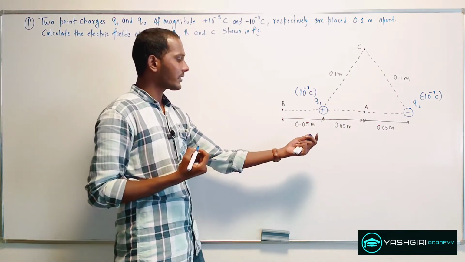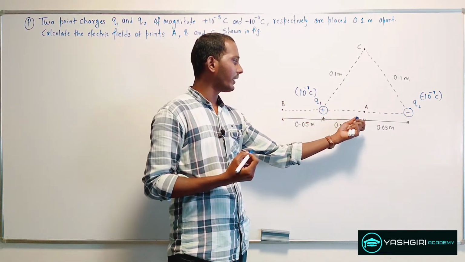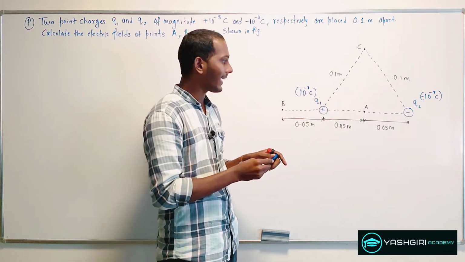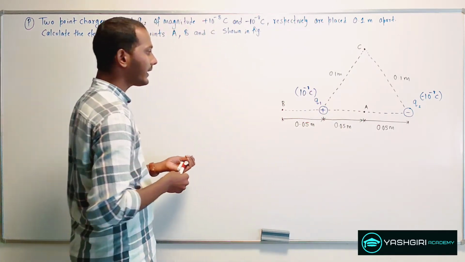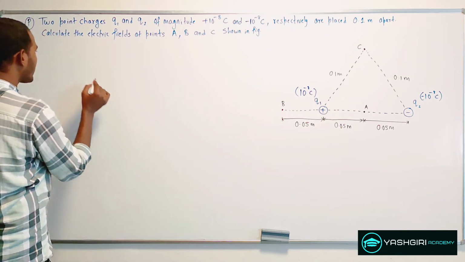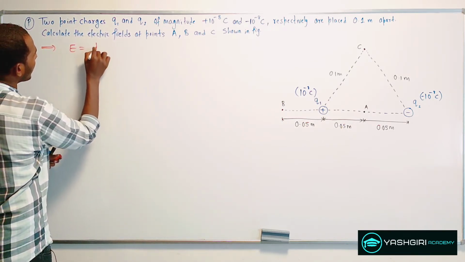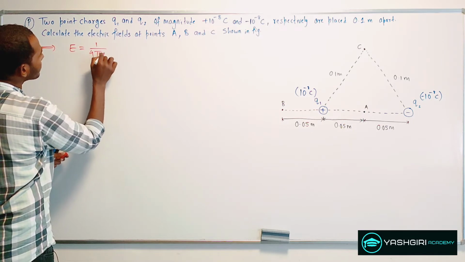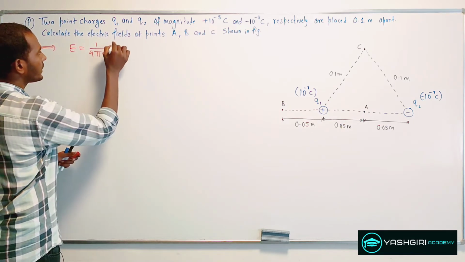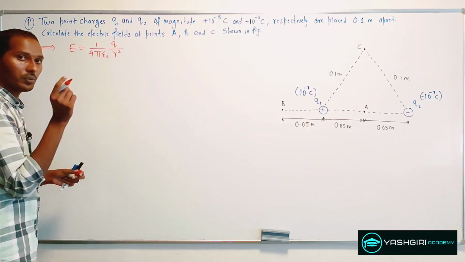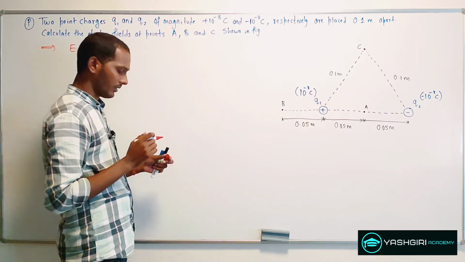Now let's calculate the electric field at the point A due to these charges Q1 and Q2. To calculate the electric field, we have an expression: the electric field E is 1 upon 4 pi epsilon naught into the charge divided by the square of the distance at which we are calculating the electric field.